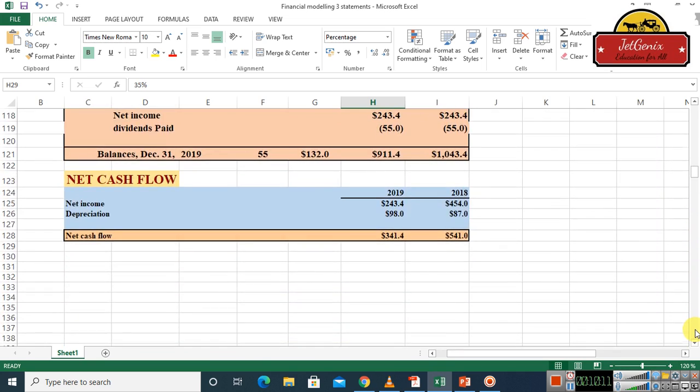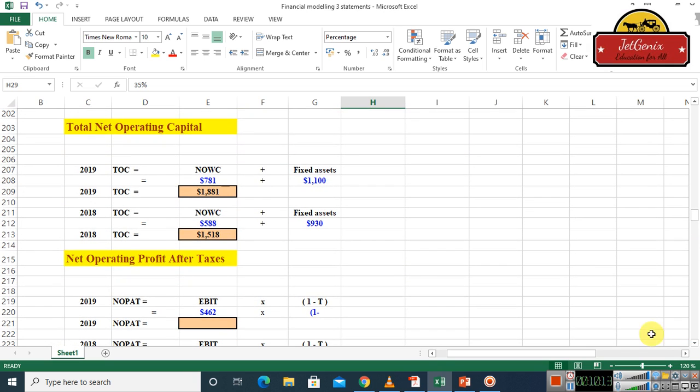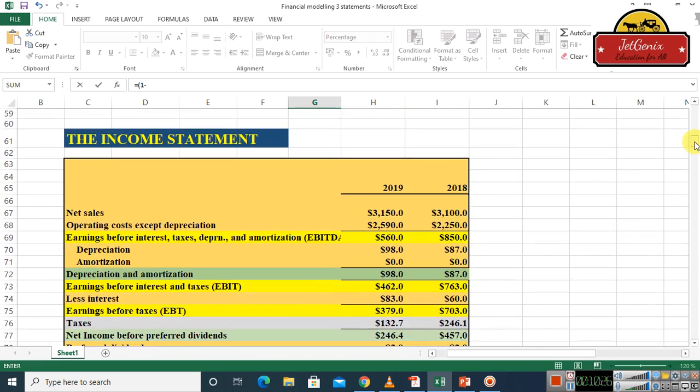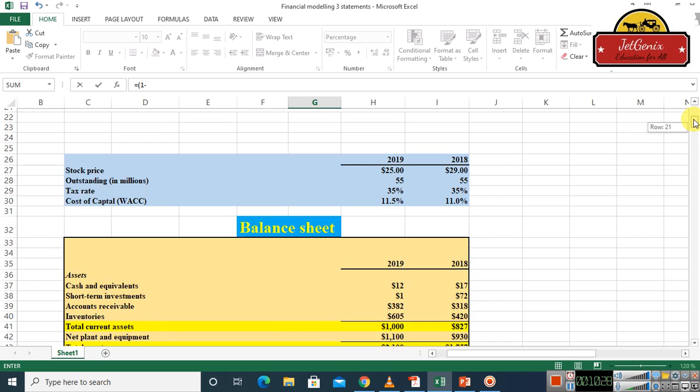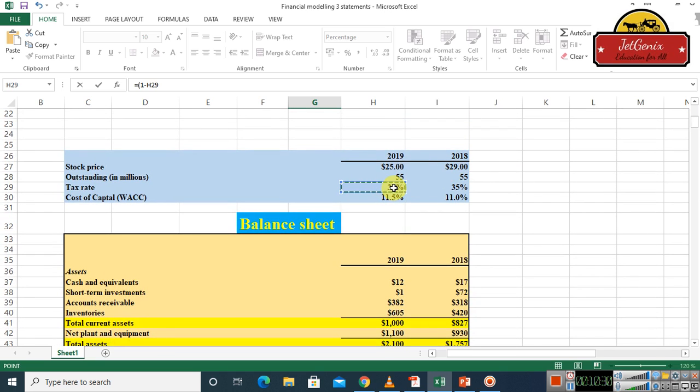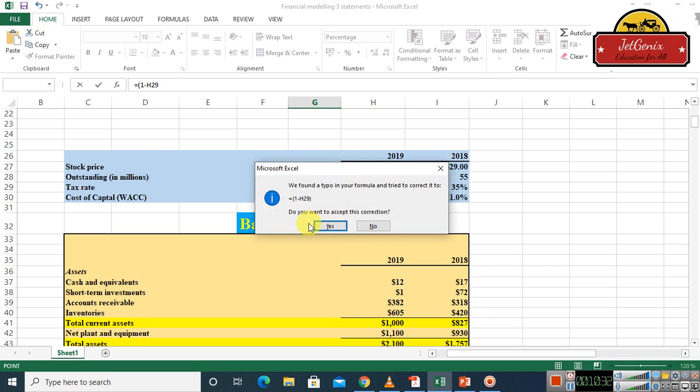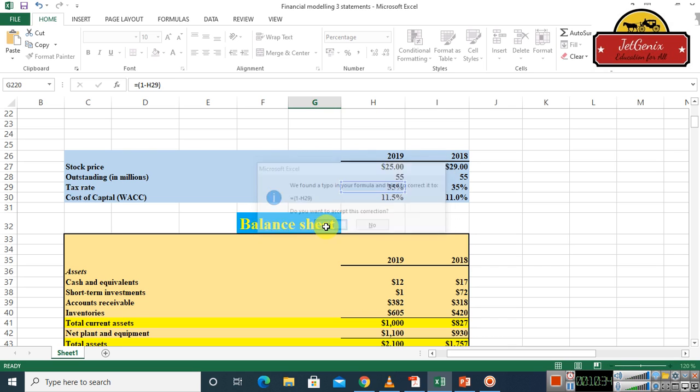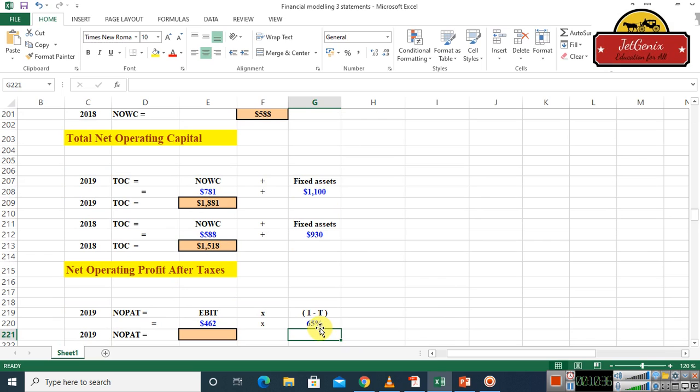I have to go again to the same place here, because I haven't typed the equal sign, that's why it's not working. So I will do it like this: 1 minus, now I'm going to select the tax rate from the spreadsheet. Top of the spreadsheet is here, okay, and I will press enter. Yes, you see it's 65%.